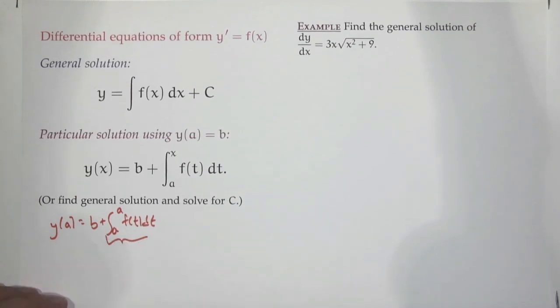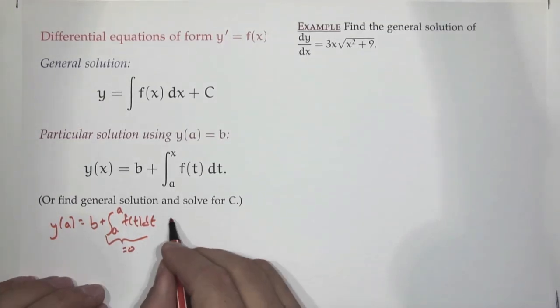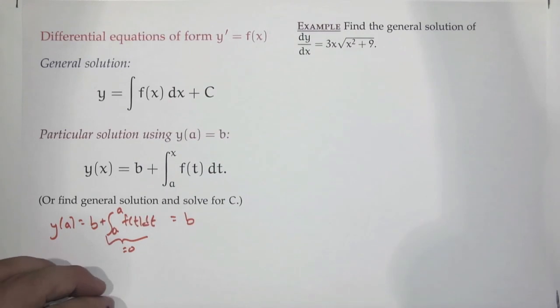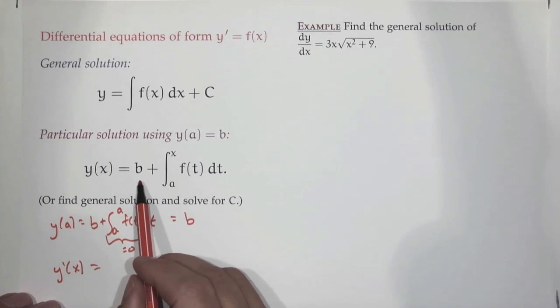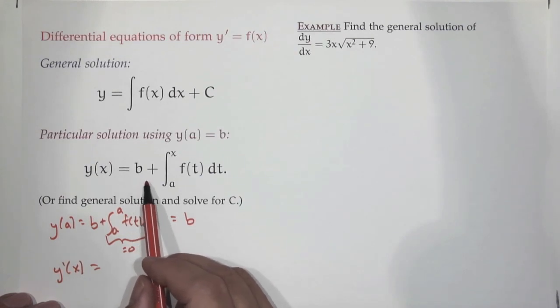Yeah, because it's like trying to find area, but there's no width. And so this part equals 0. So you get that, aha, y of a equals b. Okay, what about y prime of x? Well, what's the derivative of b? 0, because b is a constant.